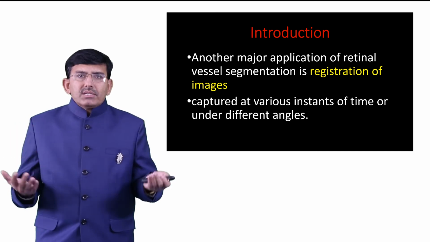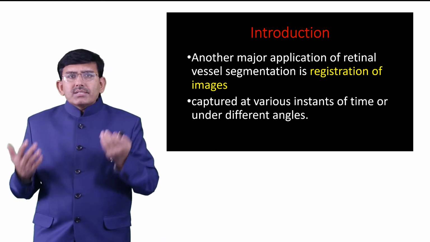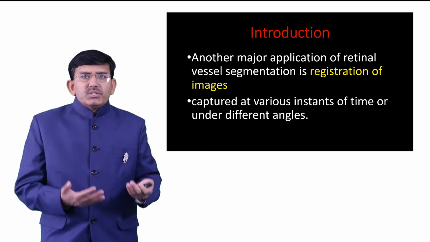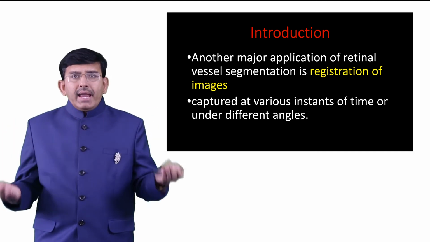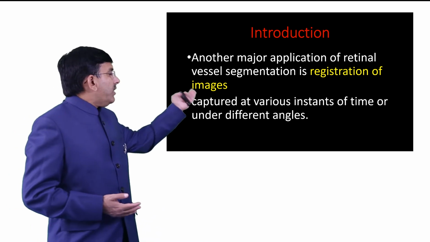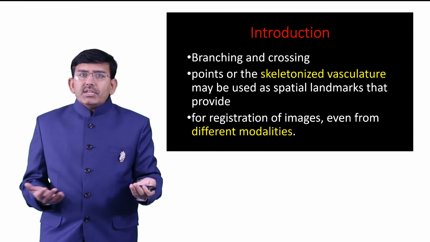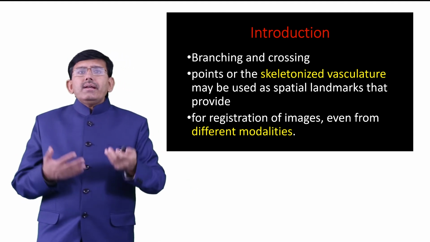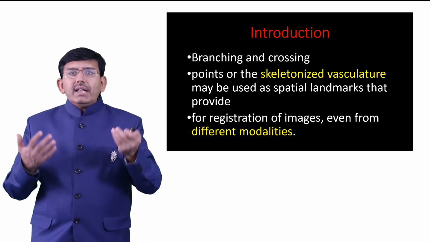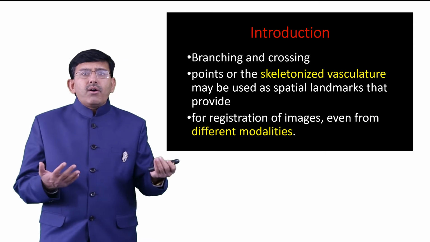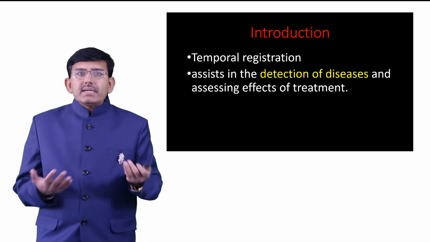Another major application of retinal vessel segmentation is registration of images captured at various instants of time or under different angles. As we change the field of view, it will give various lesions. Branching and crossing points or skeletonized vasculature may be used as spatial landmarks that provide for registration of images even from different modalities.